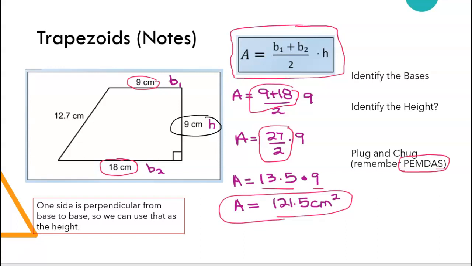The reason why we used the 9 centimeters for the height was because we saw that here is our right angle. So remember, the height is always going to be the perpendicular line from one point to the other. Whatever is bounded between that point and the 90-degree angle will be your height.